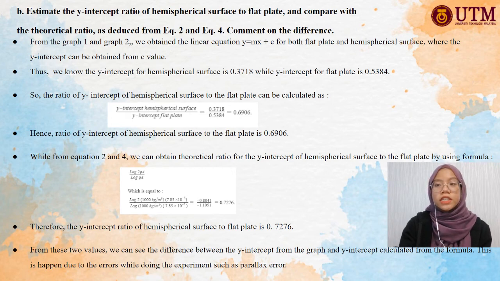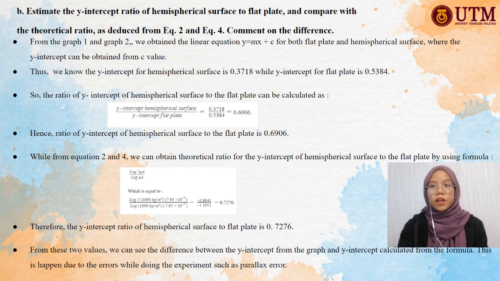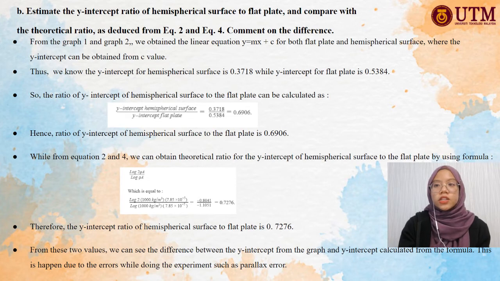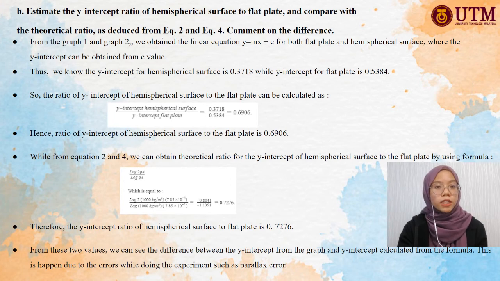The next question is to estimate the y-intercept of the hemispherical surface to the flat plate and compare it with the theoretical value. From graph 1 and graph 2, we obtained that the linear equation is y equal to mx plus c for both flat plate and hemispherical surface, where the y-intercept can be obtained from the c value.